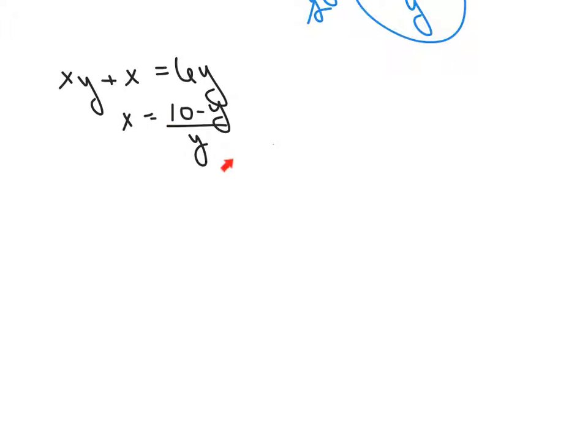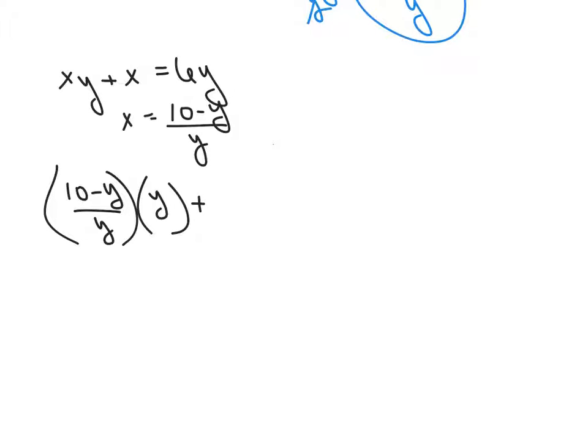So now I can substitute that in for my x. Times y plus my x, or I guess that's not an x, that's a y, isn't it? There. Plus 10 equals 6y.